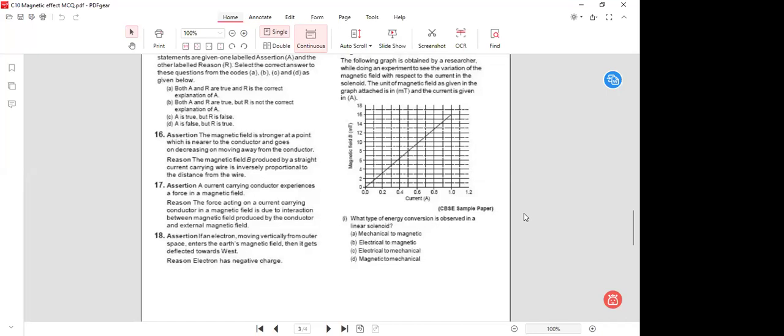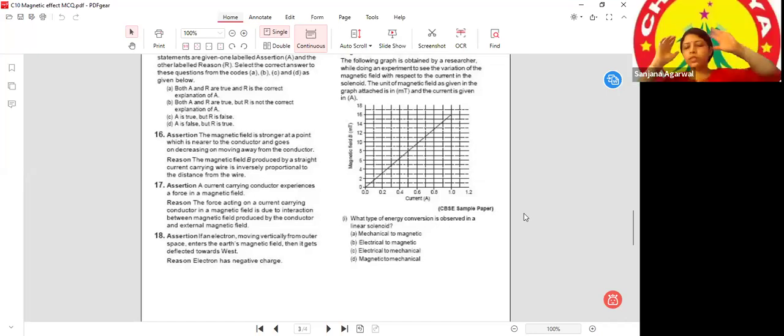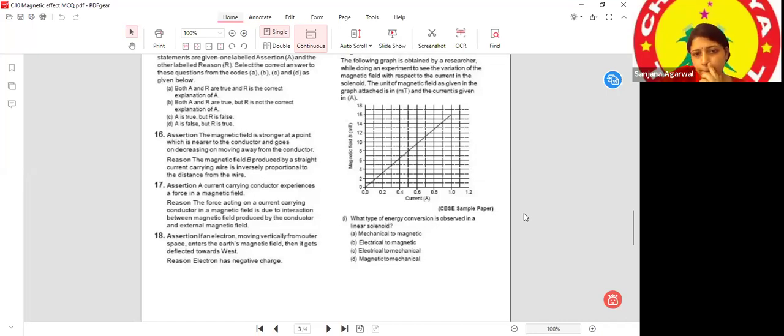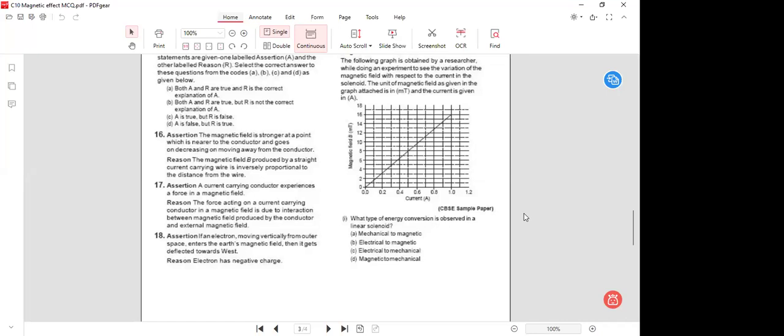That's right. Assuming the four directions in front of our eyes, north, south, east, west, the magnetic field is north to south. First finger should point downwards. Okay, in which direction should we actually consider the direction of current? So, downwards. If it's downwards, then the magnetic field goes from me to the screen, and the force goes from the left to the right.